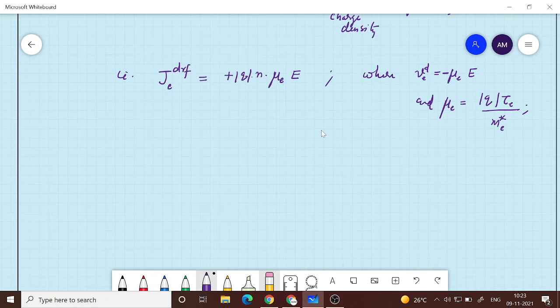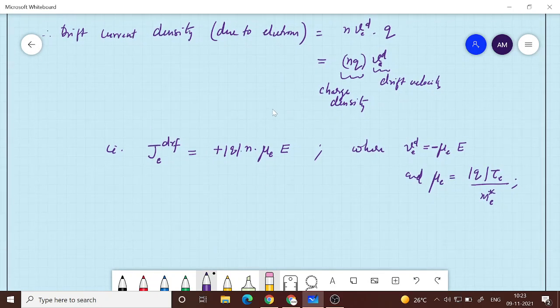If I define my velocity as minus mu e into E, then when I substitute for the drift velocity, I will get a minus sign, and already there was a q here which I wrote as minus modulus q. Maybe I will explicitly show it in order to avoid confusion. Let me rewrite this.